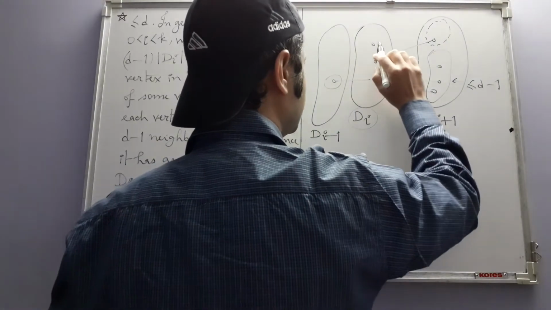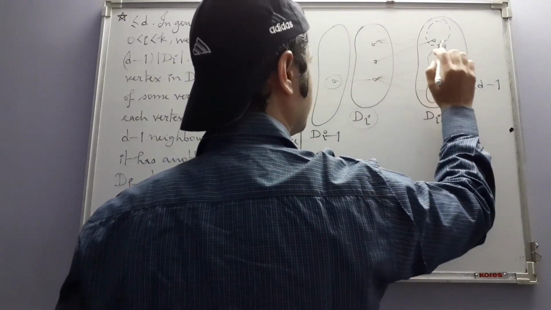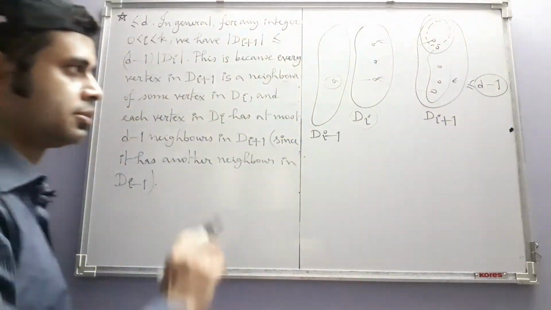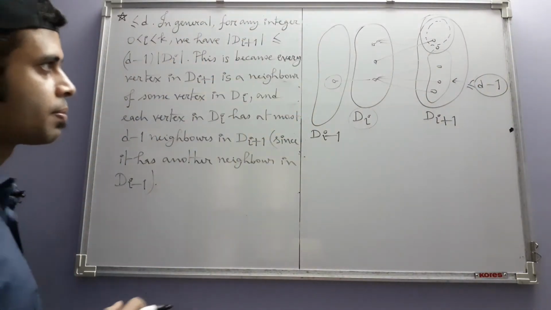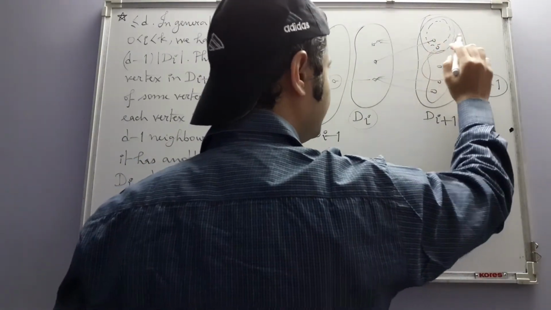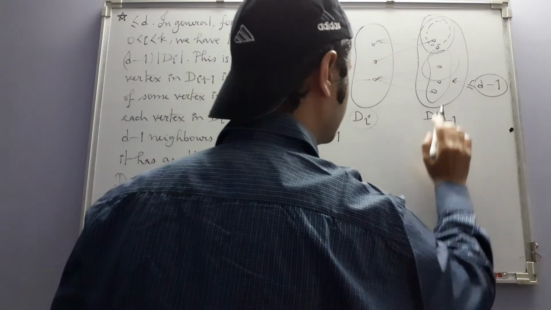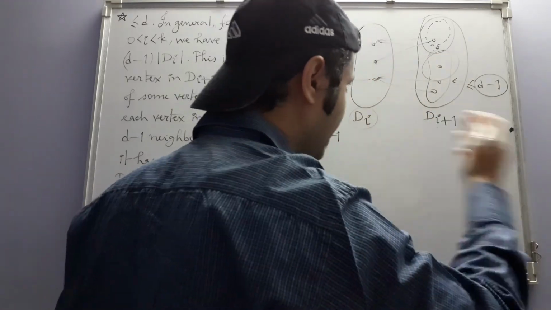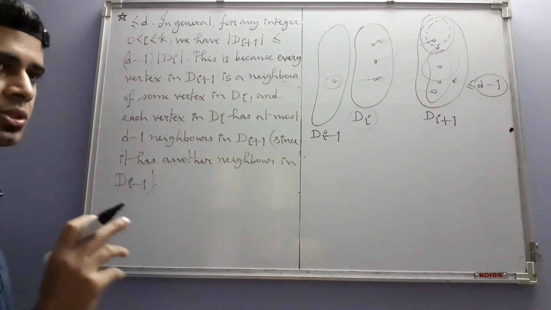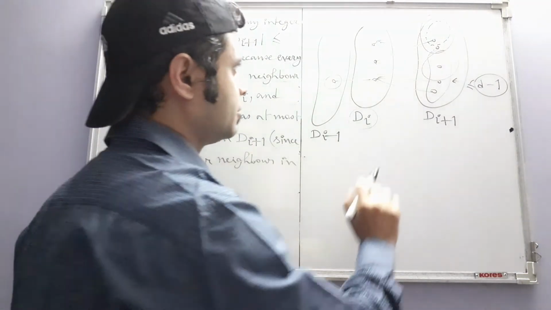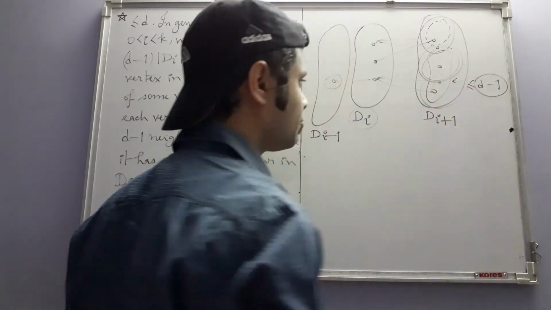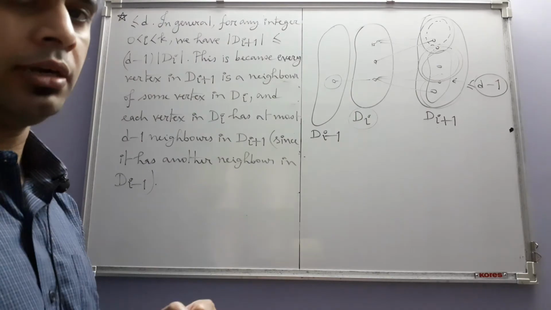So each vertex here is giving us at most D minus 1 vertices there, and every vertex in Di plus 1 is appearing like this, because every vertex in Di plus 1 is a neighbor of some vertex in Di. Now we are not saying that these sets of neighbors are all disjoint.